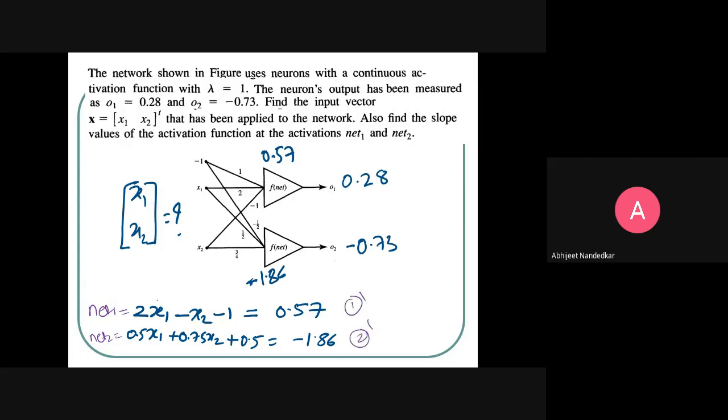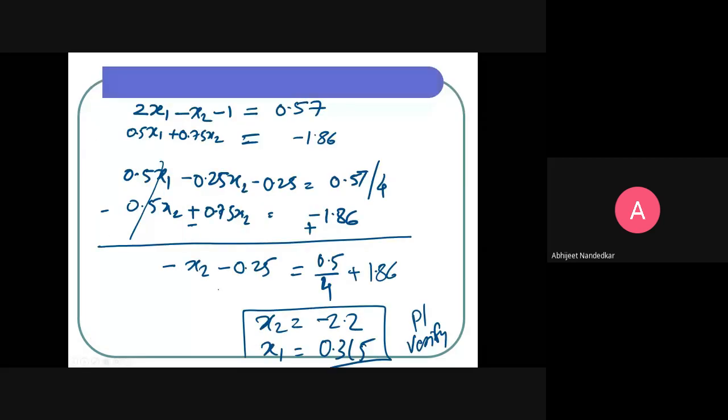Now what we want here is x1 and x2. We have two equations and two unknown variables, so we can easily find them out.